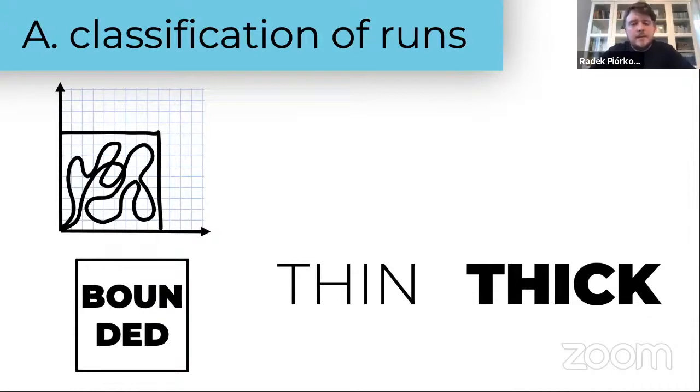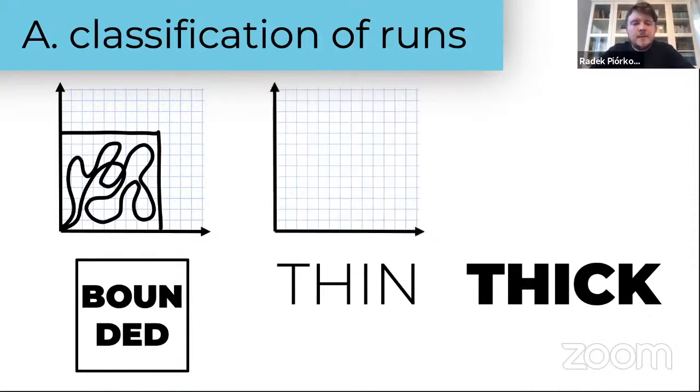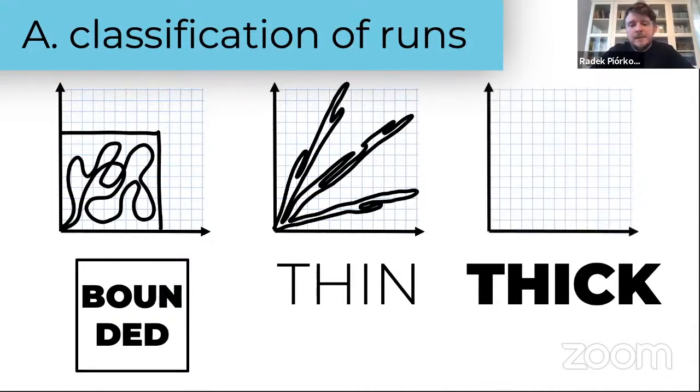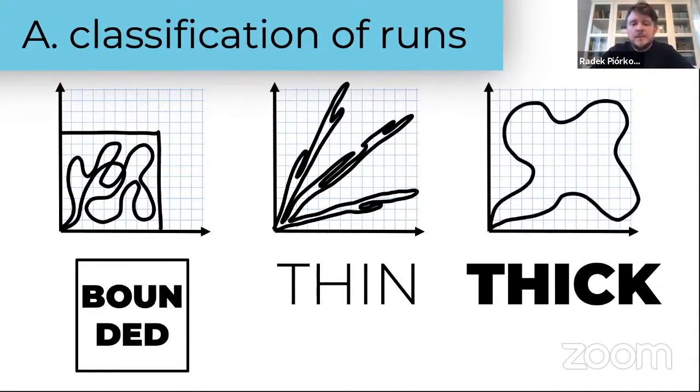On the other hand, thin and thick runs have infinite space of configurations. Thin runs look as follows. They are drawn on the 2D space, but they actually behave more like one-dimensional objects, while thick runs are truly two-dimensional.